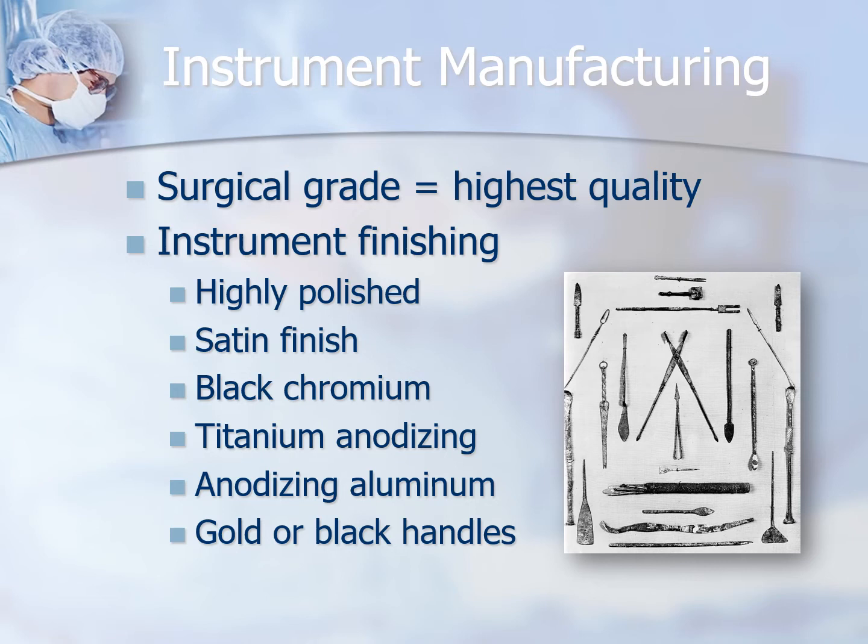There is a step down called intermediate surgical grade, which is used for instruments that are not subjected to high impact and are not used for cutting. Other types of grades are floor grade and disposable grade. Floor grade has a lower percentage of chromium. It's generally reserved for little bedside procedures that they do on the floor, like maybe removing some sutures, those kinds of things.